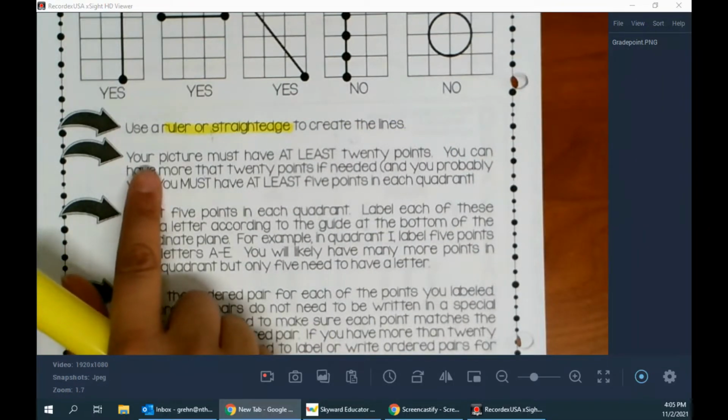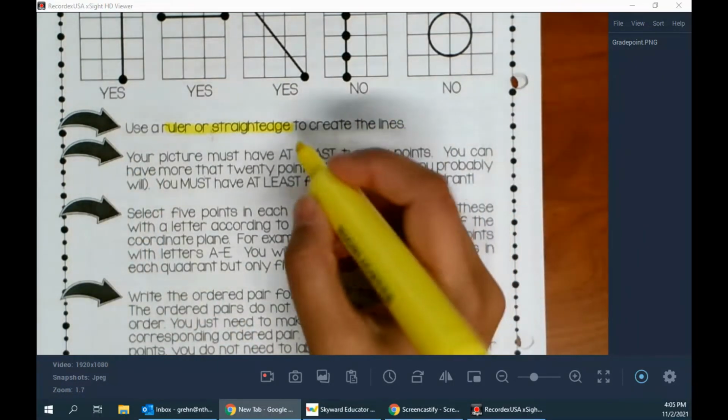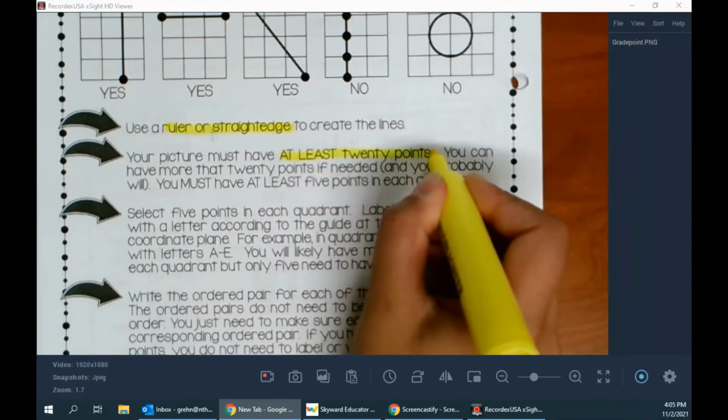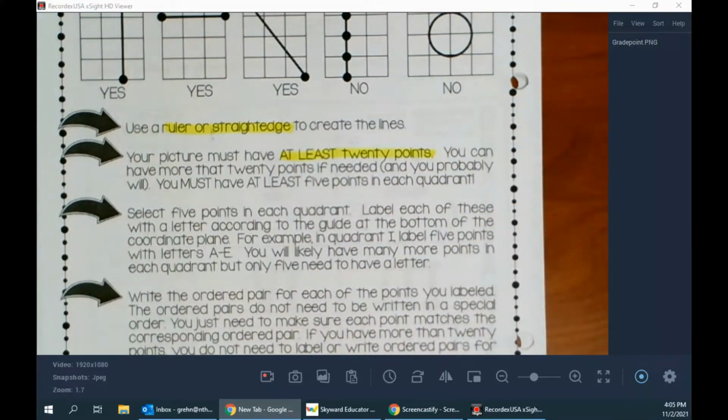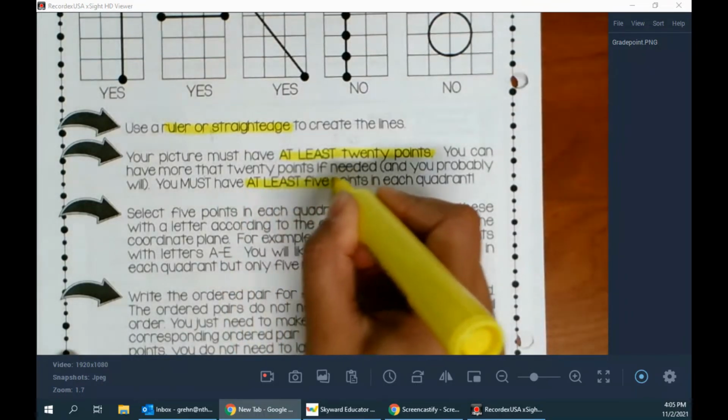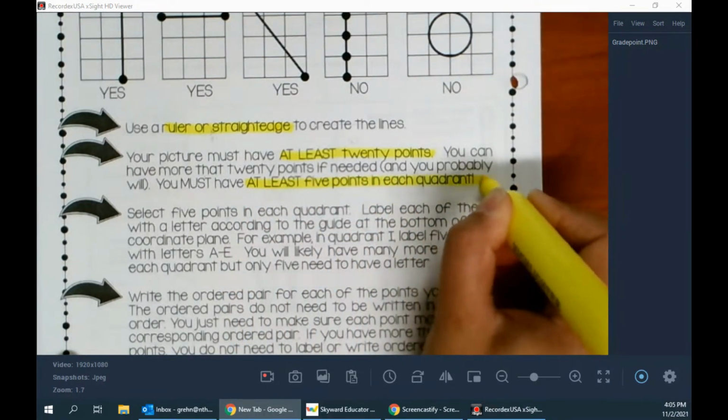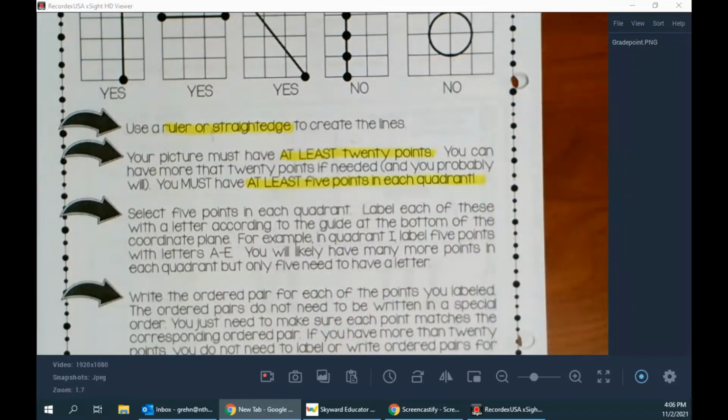Next, your picture must have at least 20 points. You can have more than 20 points if needed, and you probably will, but you must have at least 5 points in each quadrant. Remember, there's 4 quadrants, so when you draw your picture, you need to have at least 5 of the points in quadrant 1, another 5 in quadrant 2, and so forth.